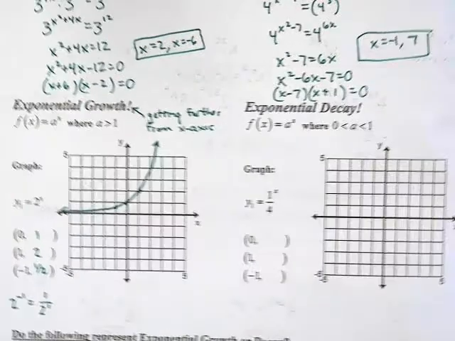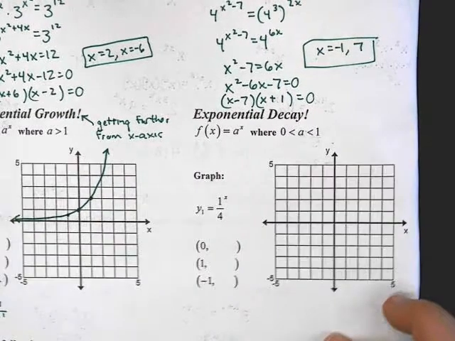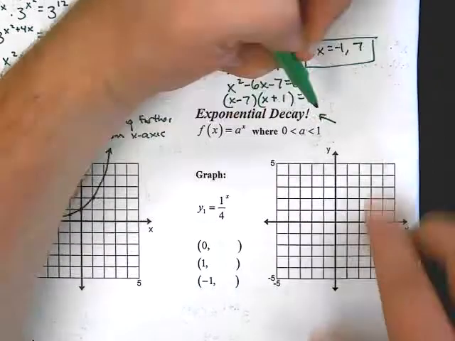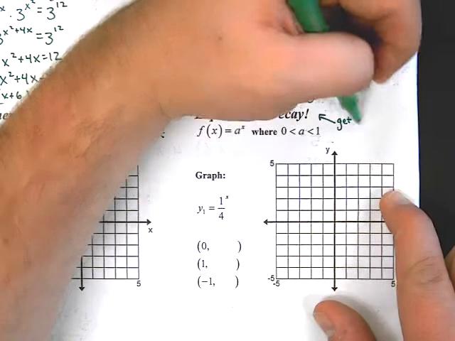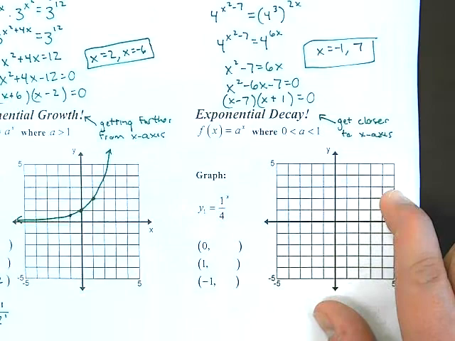Kind of oppositely, when we look at decay, what we're looking for is for it to get closer to the x-axis, okay? So let's see here.